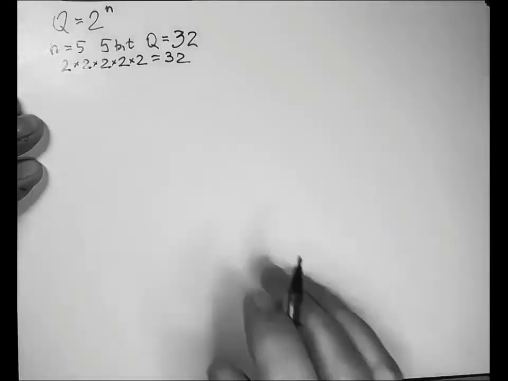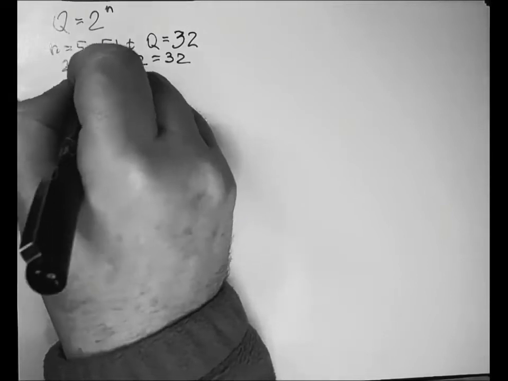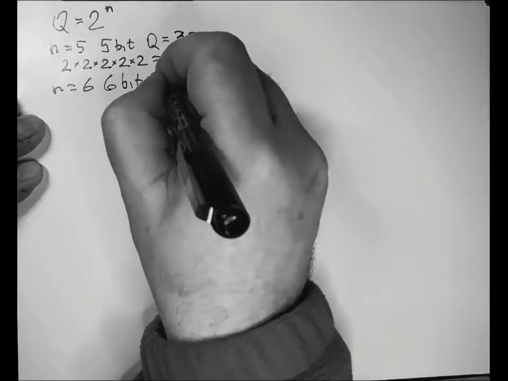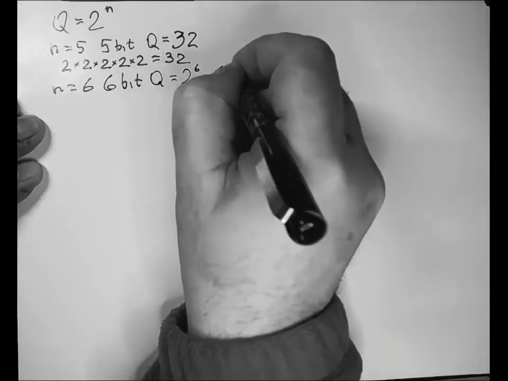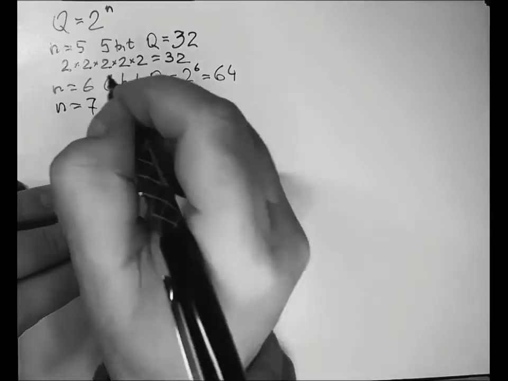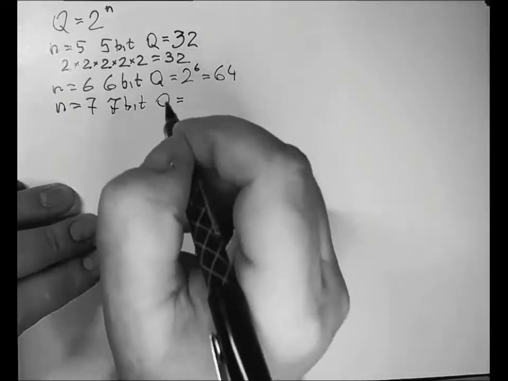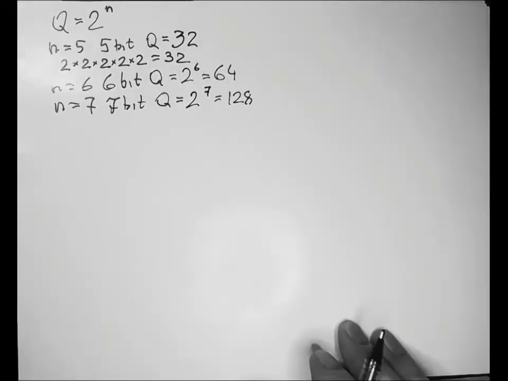You can calculate. Okay, then for n equal 6, that is 6 bits, Q is 2 to the power of 6, which is equal to 64. 64. Not enough. N equals 7, 7 bits. Q will be 2 to the power of 7, 128.